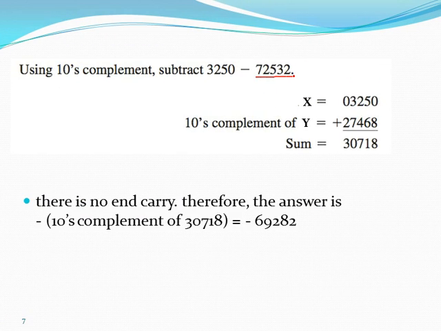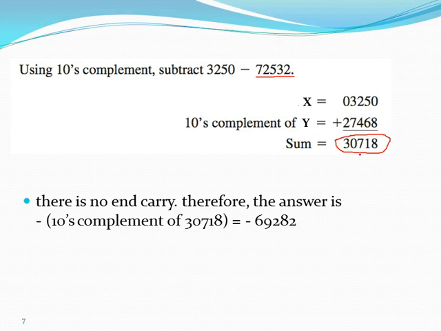But in case y is greater than x, we still add the tens complement of y. The sum 30718 means the tens complement of the difference, as we discussed in the previous slide.